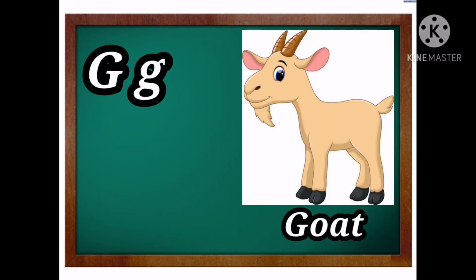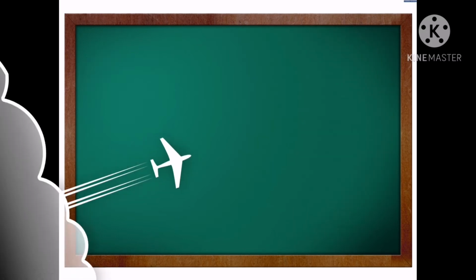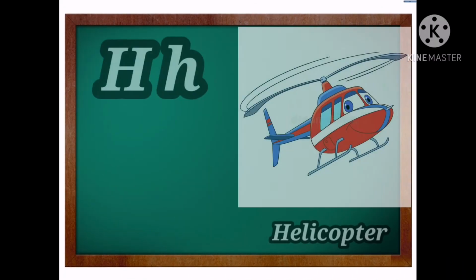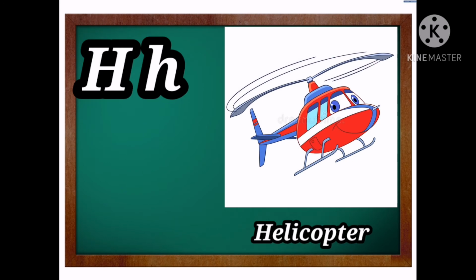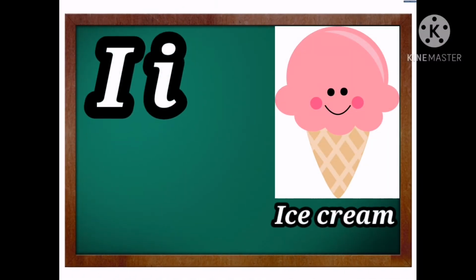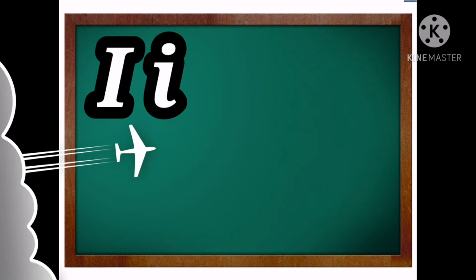G for goat. Learners, brilliant. H for helicopter. Learners, impressive. I for ice cream. Learners, very good.